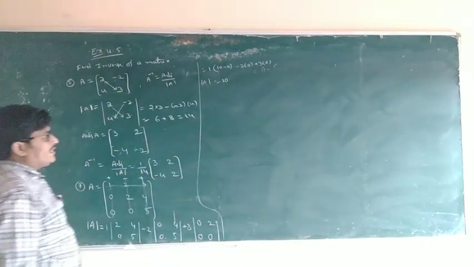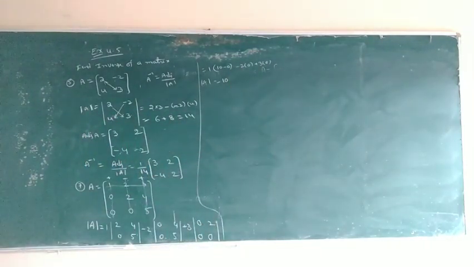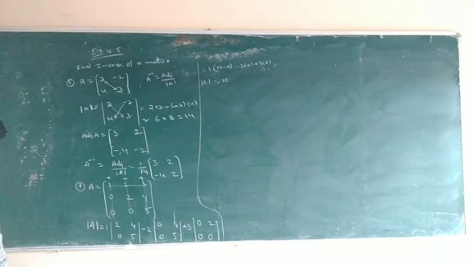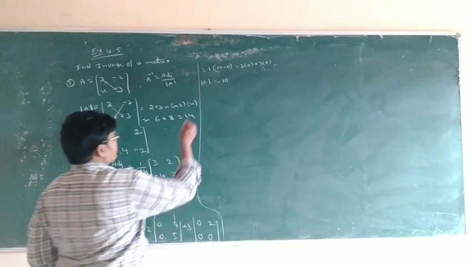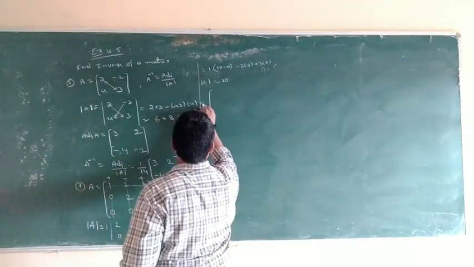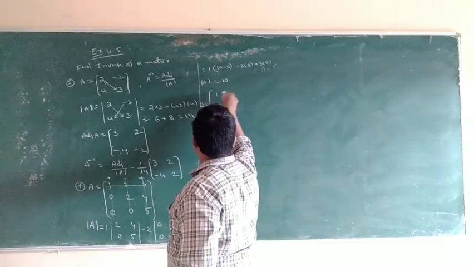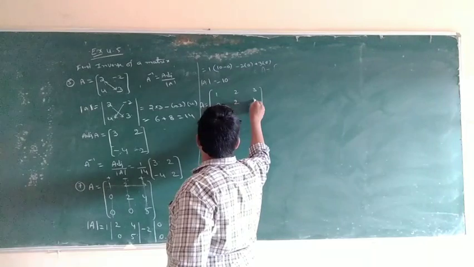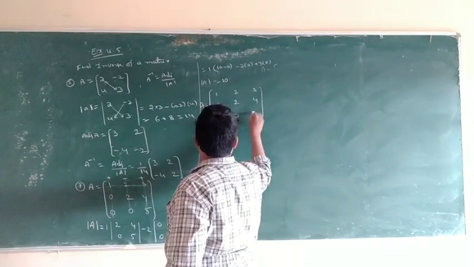Next, adjoint A. That determinant of A is completed. Adjoint A is equal to the transpose of the cofactors, the transpose of the cofactor of each element in the given matrix. The matrix is 1 2 3, 0 2 4, 0 0 5.